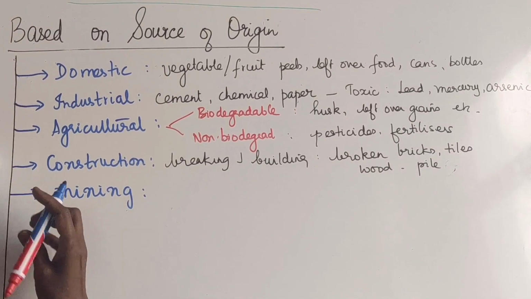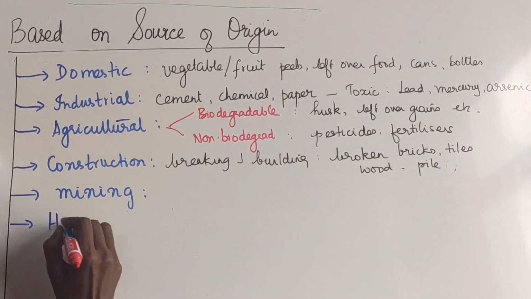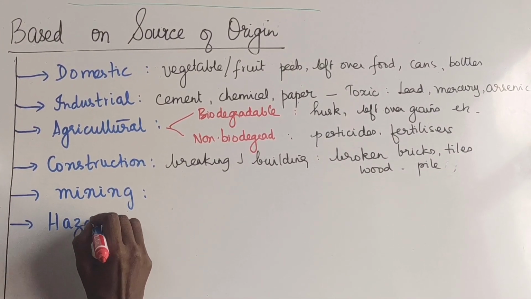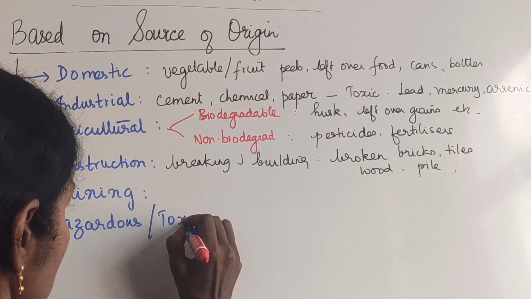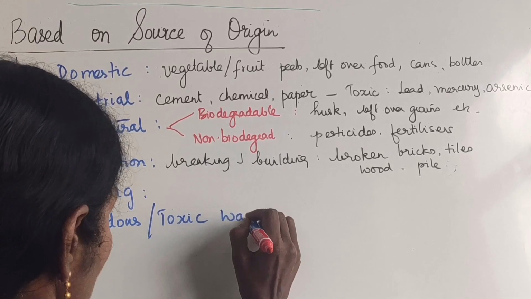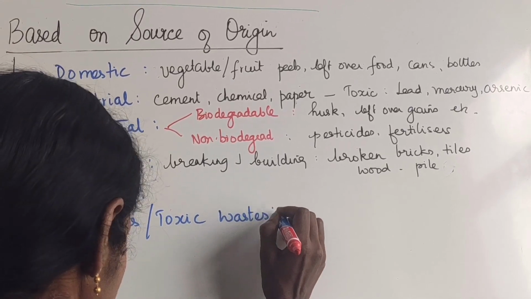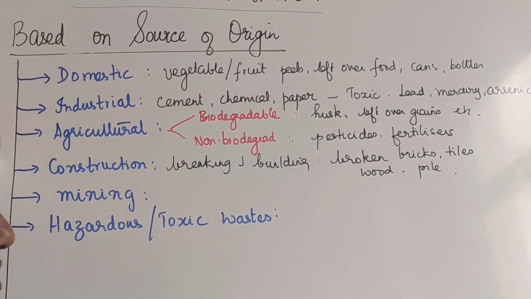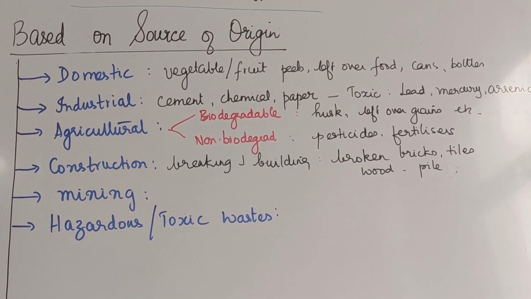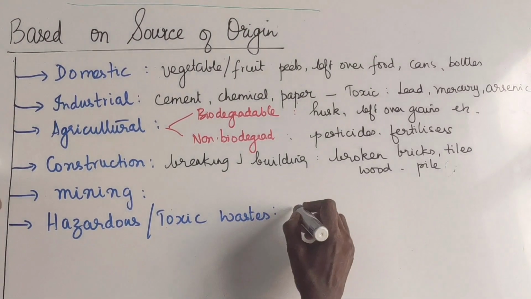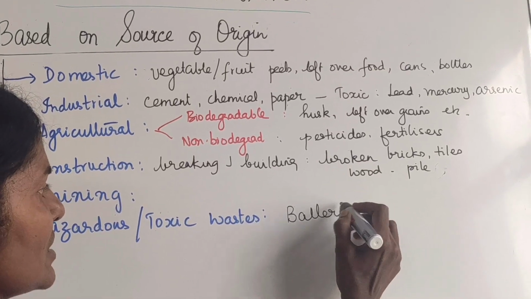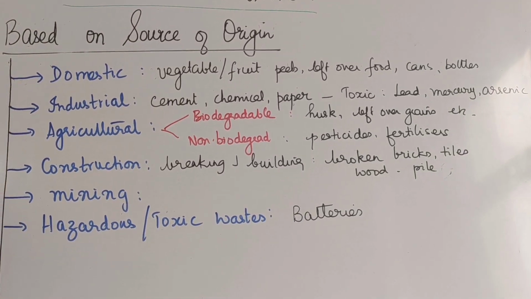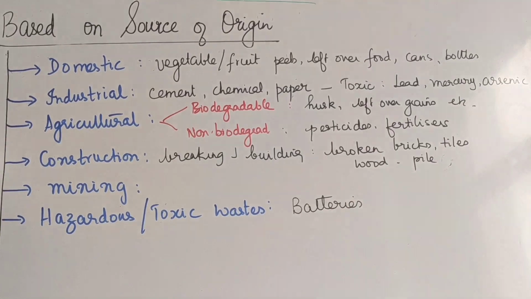Then we have something called hazardous or toxic waste. What do you mean by hazardous? Which means they are dangerous. Now very often we use batteries. For everything and anything we use batteries. Now where do we throw them? We just throw them out.